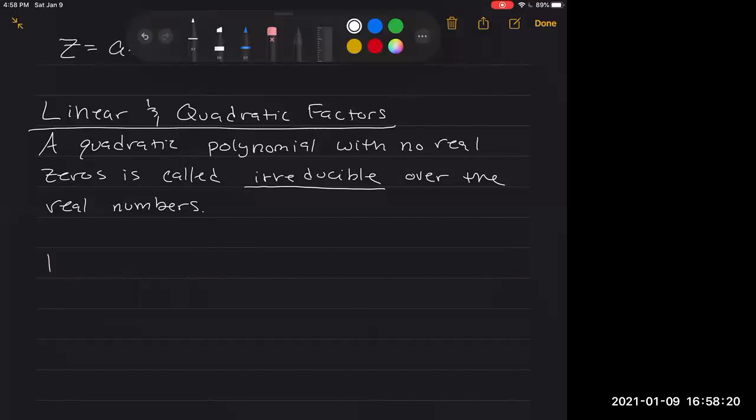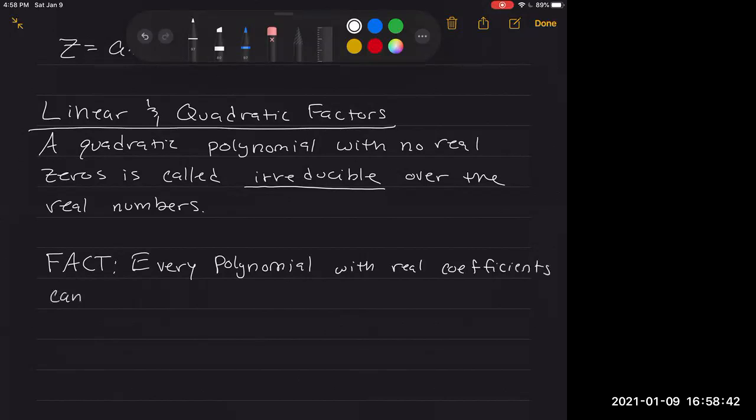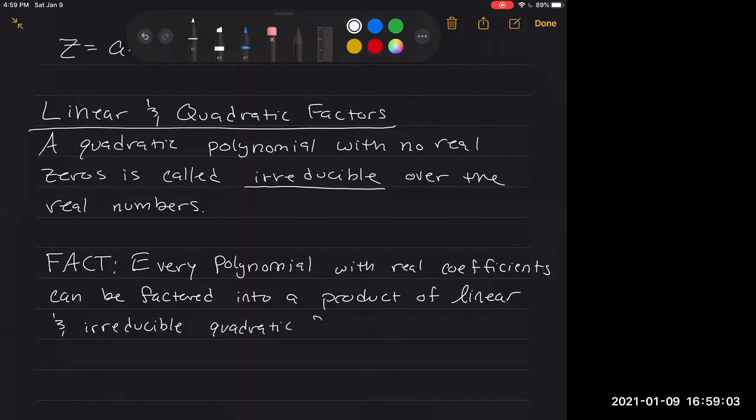Okay, so why this is important is because every polynomial with real coefficients can be factored into a product of linear and irreducible quadratic factors with real coefficients.